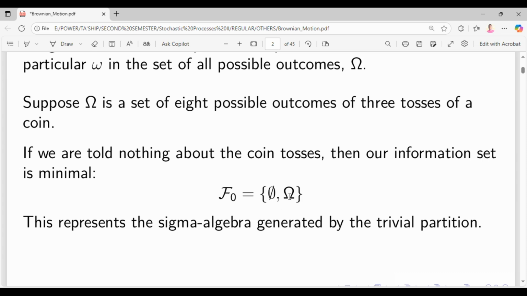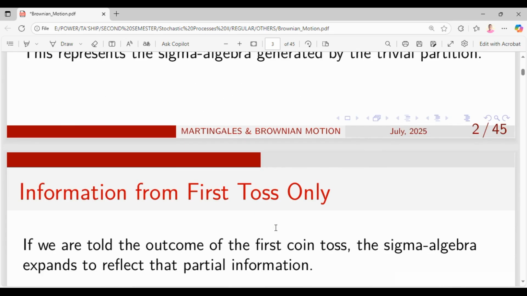The union of the empty set and omega is omega, which is there as well. So F0 is our sigma algebra when we are given nothing about the coin tosses. We have no information. This sigma algebra is called the trivial sigma algebra, that is, a sigma algebra that contains only the empty set and omega.